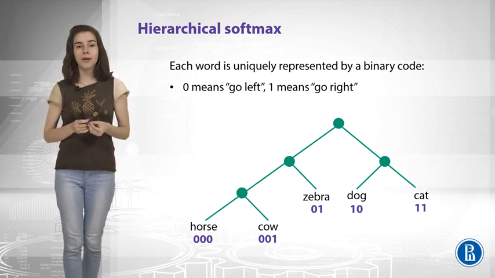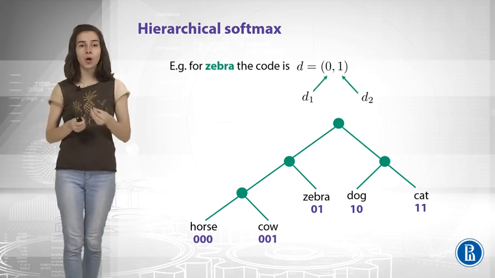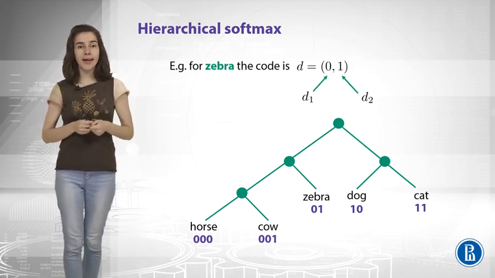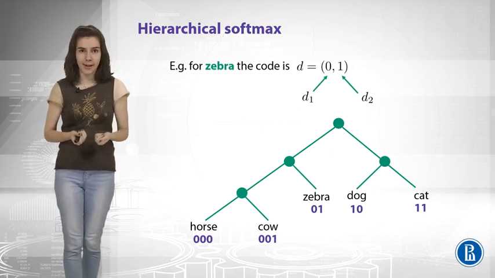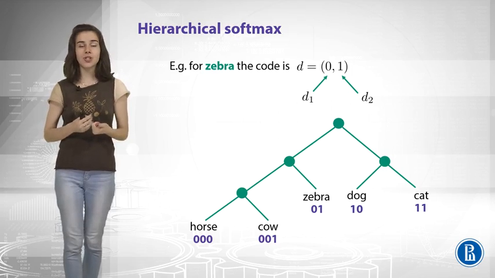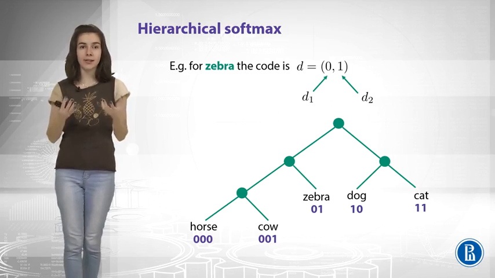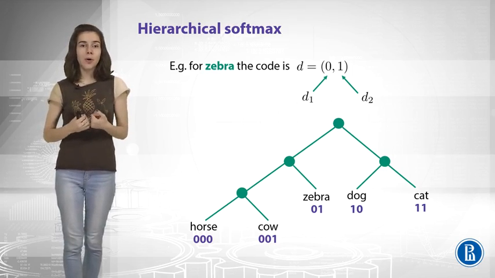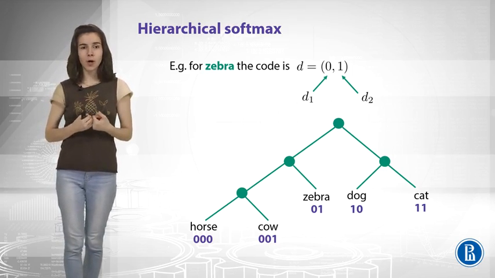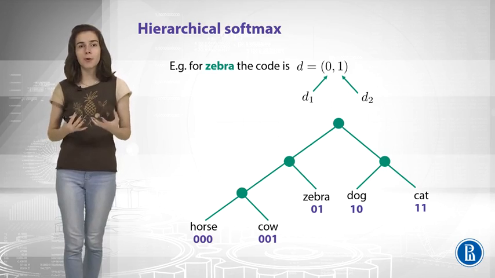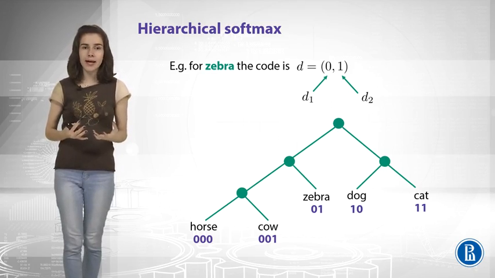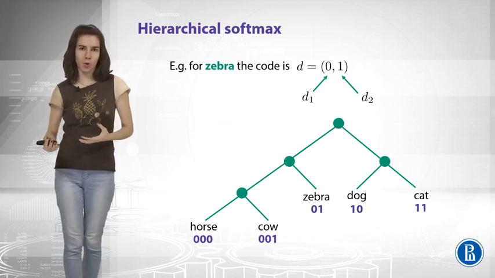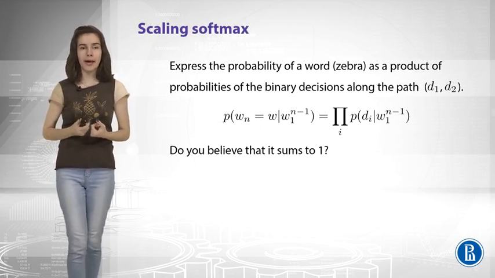For example, the zebra will have code 0, 1, which means that first we go to the left, it is 0, and then we go to the right, it is 1. And importantly, it is just a unique mapping between words and codes in the tree. We are going to use this property to produce the probabilities for words using their binary codes.